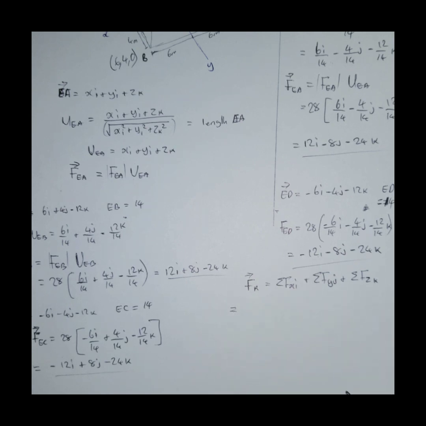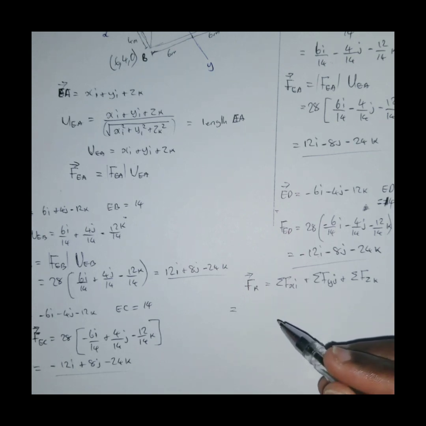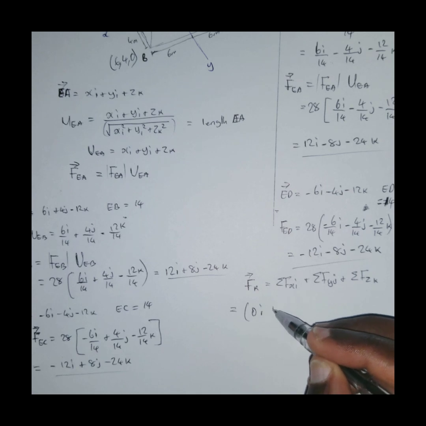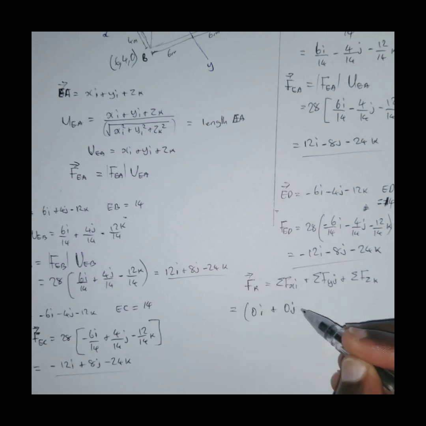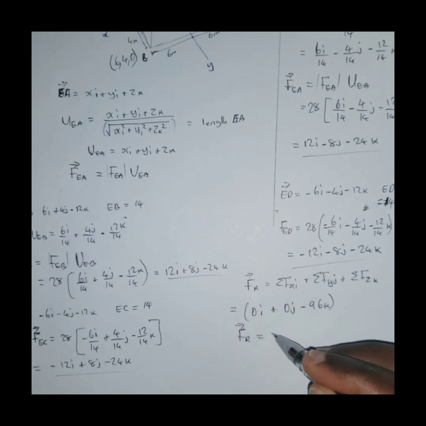So when you sum everything up, the i's and the j's and the k's separately, you find that you end up with 0i plus 0j minus 96k, which means that your FR can also be written as simply negative 96k.